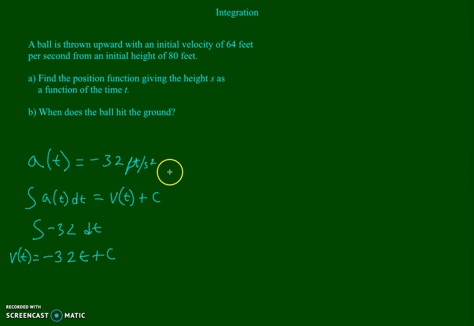Now, they gave us an initial velocity of 64 feet per second. So at time t equals 0, our velocity is 64. So 64 equals negative 32 times 0 seconds plus c, which means that our constant of integration here is 64.